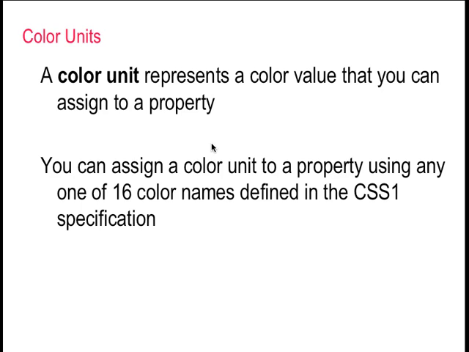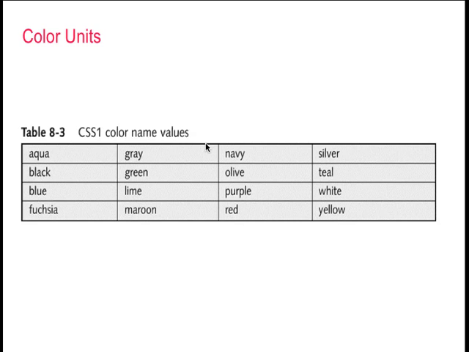Some classic examples of these 16 would be red, white, blue. So you say this font property is equal to red, or white. If you're not using the built-in ones, you can also use the RGB equivalent color numbers. And here we go, the color values: aqua, gray, green, lime, maroon. So we can say font color is equal to maroon, and it's predefined already.